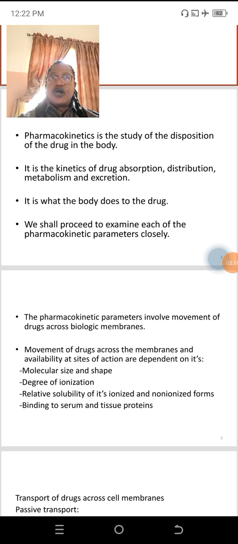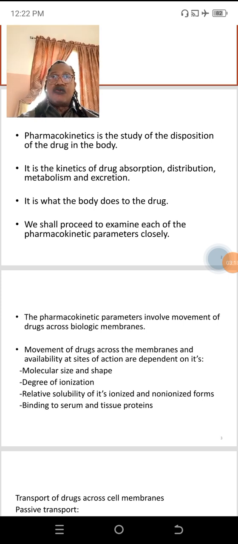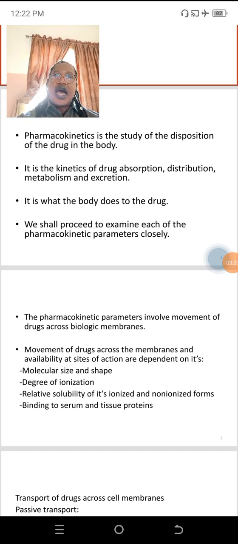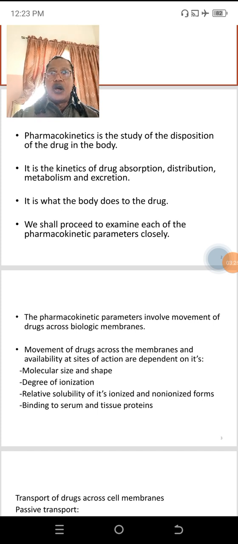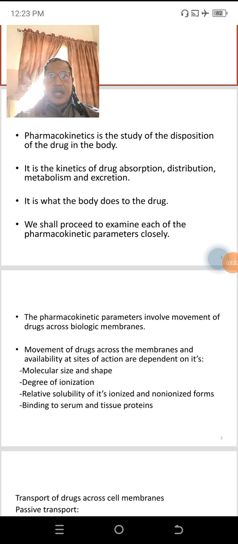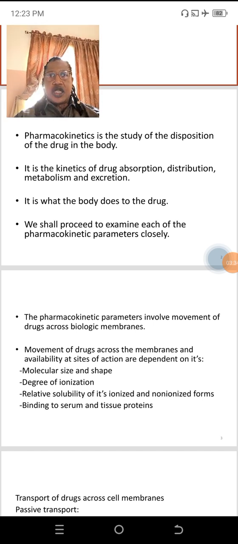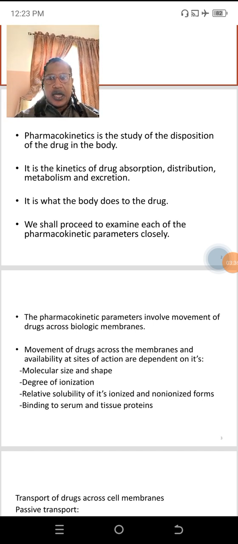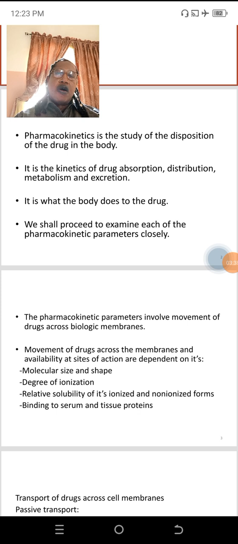However, I'm not going to discuss that here. That will be a topic for another discussion. I think in that discussion, I will focus exclusively on the cell membranes. Nevertheless, we still need to talk about the transport processes that convey the drugs around the body.